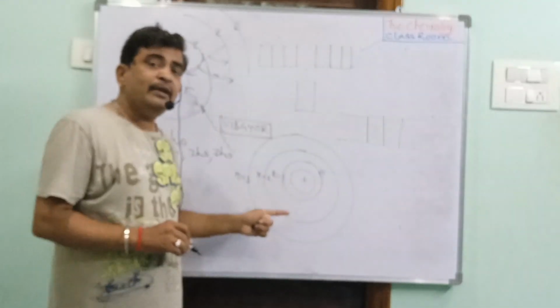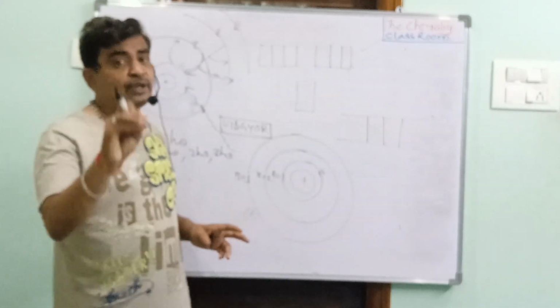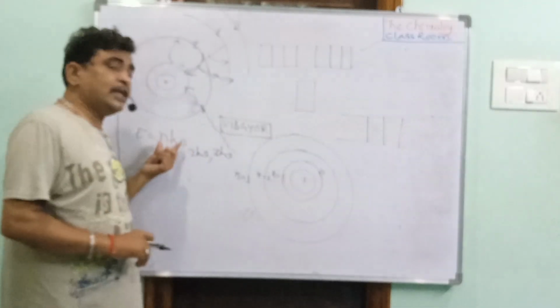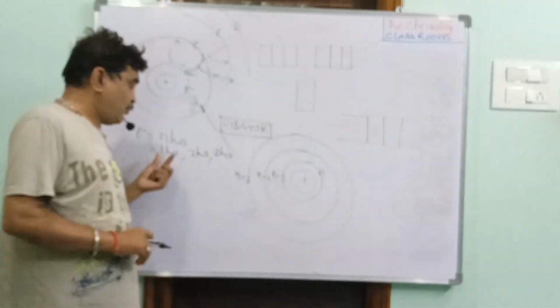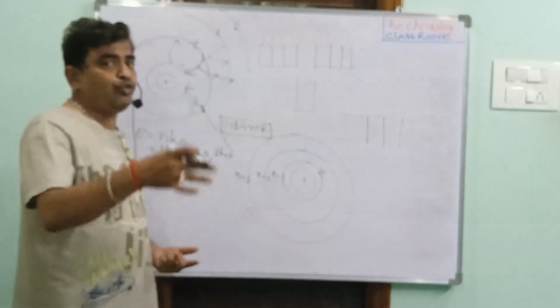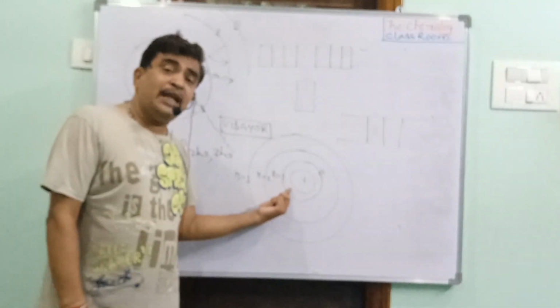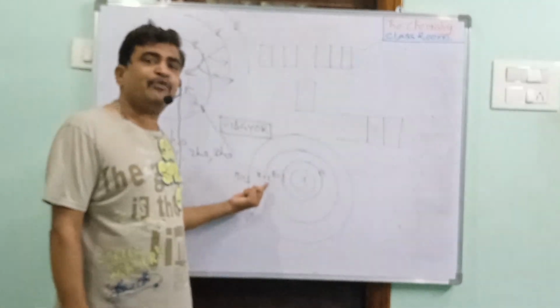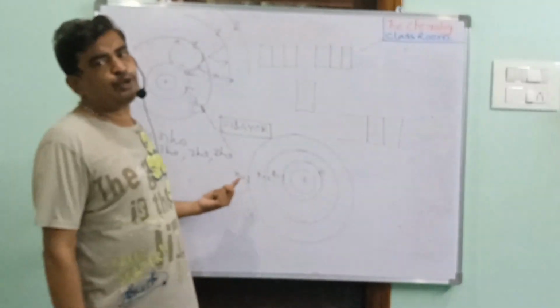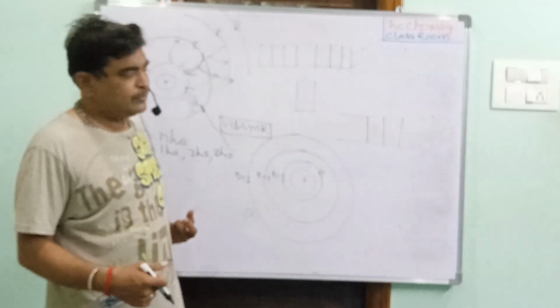In that orbit, the electron has a fixed amount of energy, equal to nhν. For the first orbit 1hν, second orbit 2hν, third 3hν, fourth 4hν, like that. So they are called energy levels: n equal to 1, the first energy level, n equal to 2, the second, n equal to 3, the third energy level, like that.